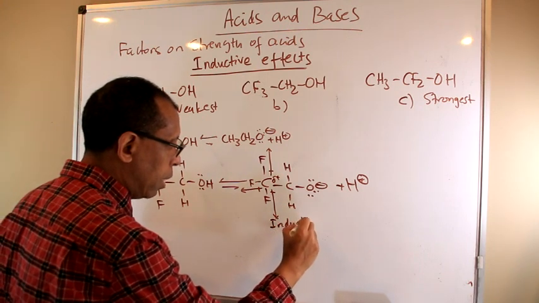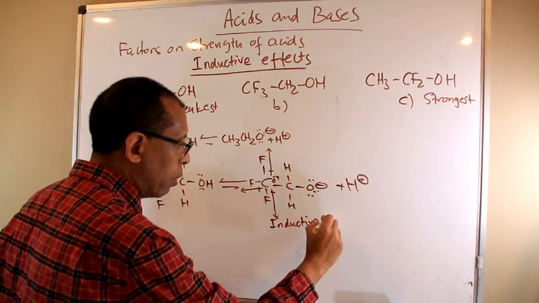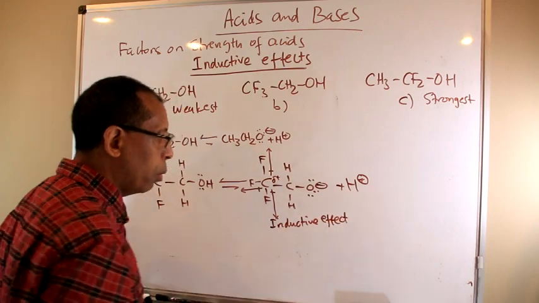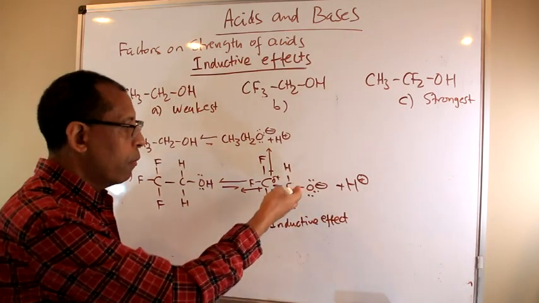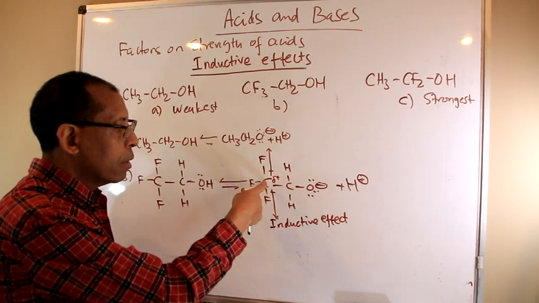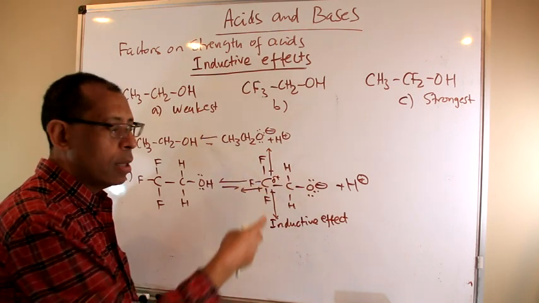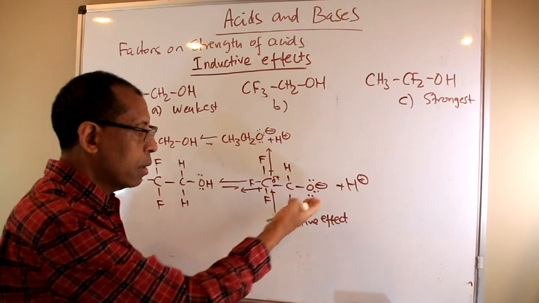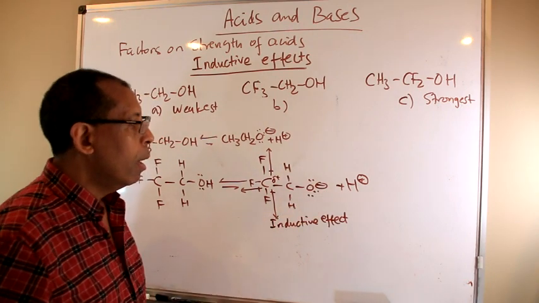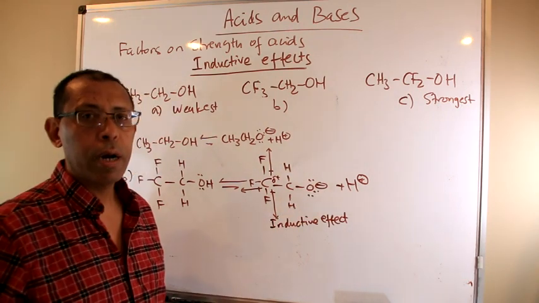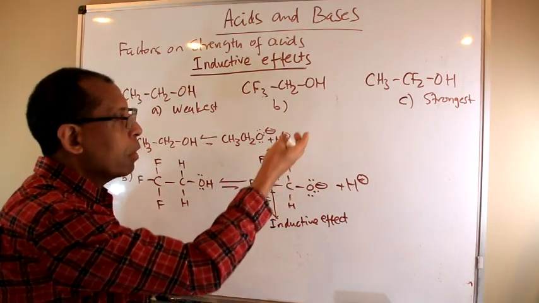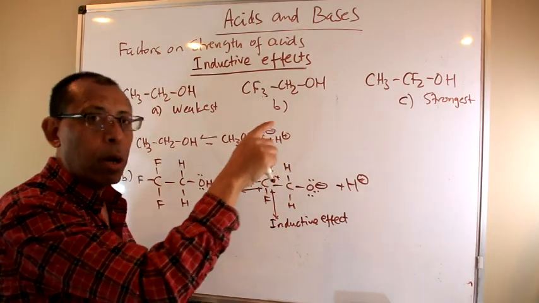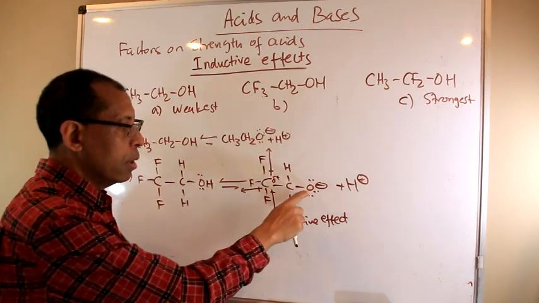If you have an electronegative atom touching, it causes an inductive effect of withdrawing the electrons. Therefore, it creates a positive center on carbon that further stabilizes this negative charge. But an even more pronounced effect occurs if the inductive effect comes very close to the oxygen center.